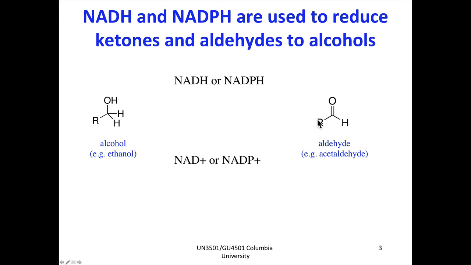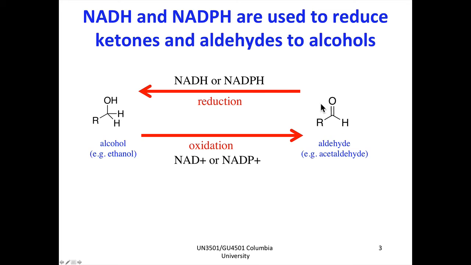So we're oxidizing as we go to the aldehyde, and we're reducing the aldehyde when we go back to the alcohol. And so those are the reactions that are facilitated by NADH or NADPH and NAD plus or NADP plus. So NADH and NADPH deliver 2 electrons to reduce this aldehyde to the alcohol.